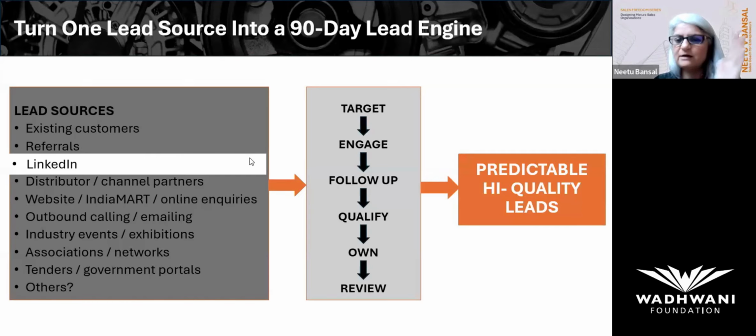I've just brought it down to say that if you see LinkedIn activity alone, where you have lots of control, it includes being very clear whom you are going to target. And you can apply this for anybody, for outbound calling, for associations and networks. Even in BNI, many of you would have realized, just talking to every BNI member is a lot of hard work to get leads.